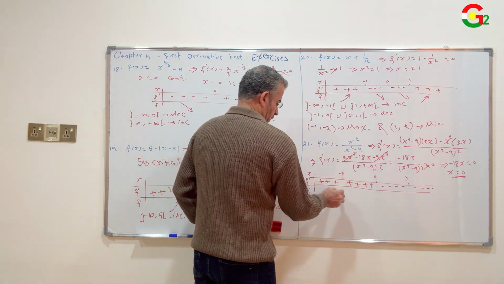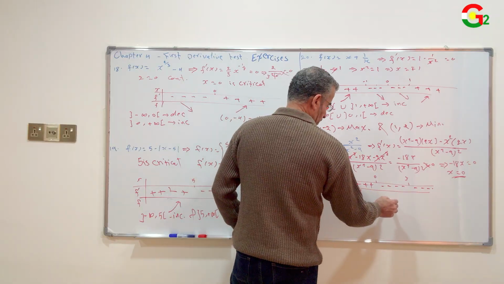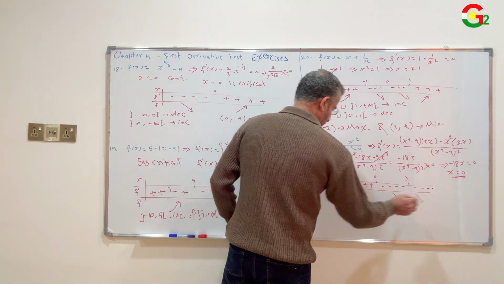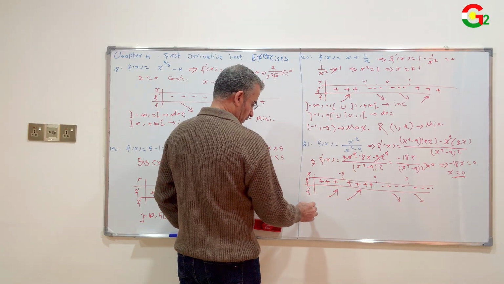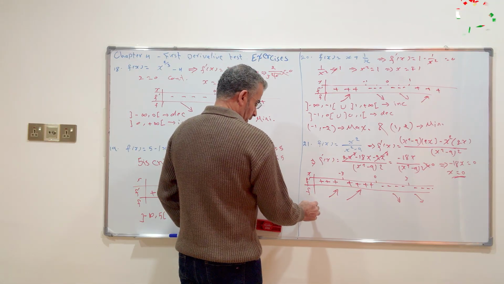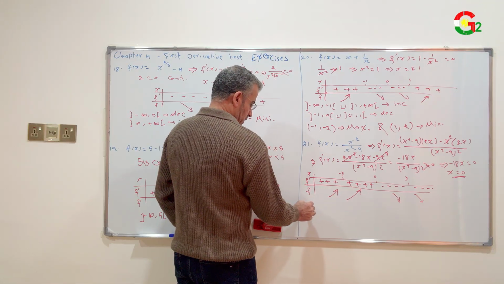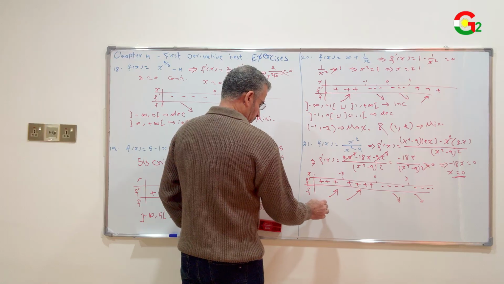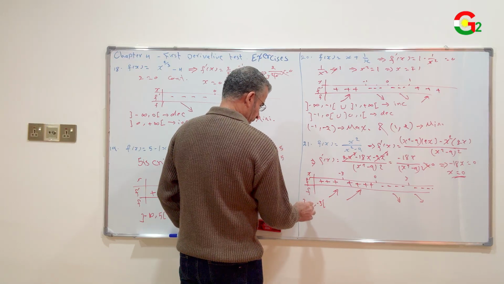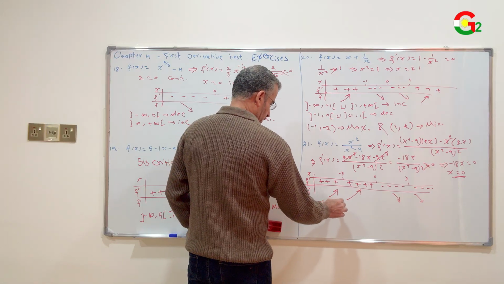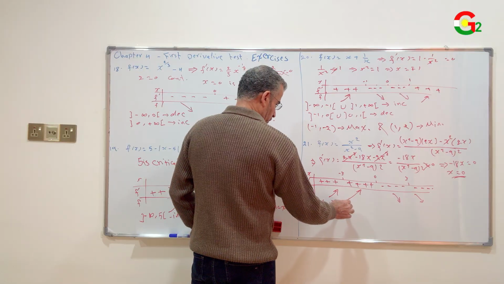Then the function is increasing in these intervals and decreasing in these. Therefore, the intervals of increasing are negative infinity to negative 3, union negative 3 to 0.